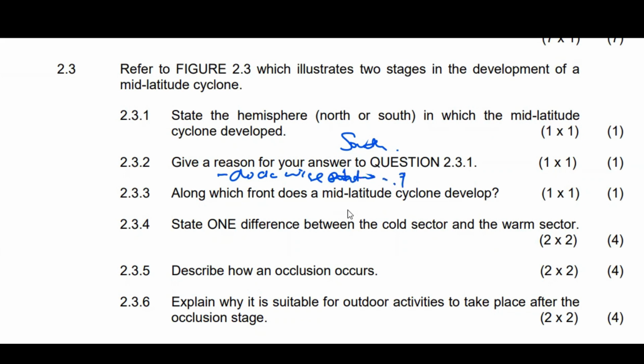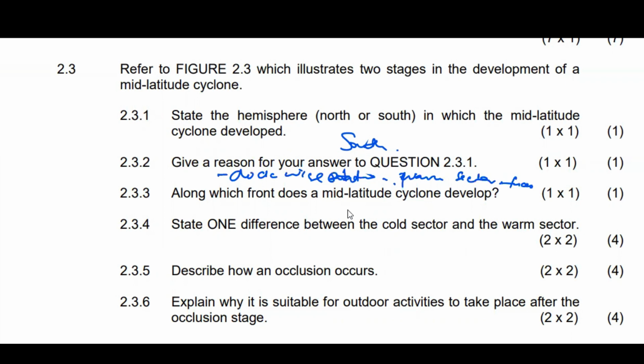So you say the warm sector faces northwards, or lies in the north. And therefore the cold sector lies in the south. You can also look at where the symbols are facing, which implies the rotation. So any evidence that you give is fine.